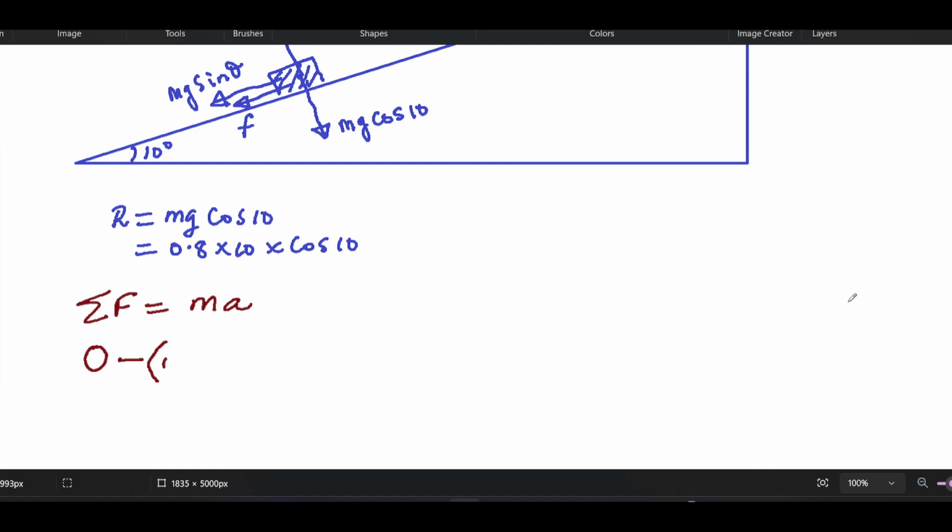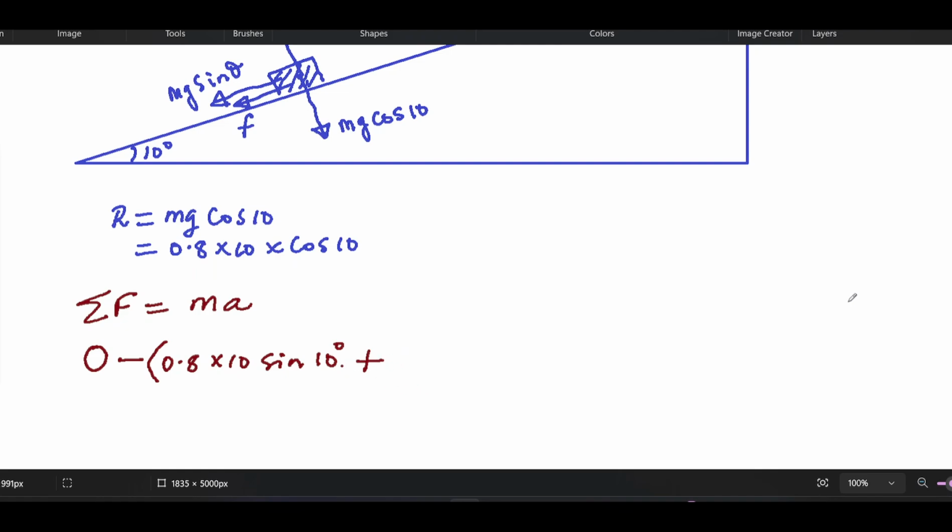So this will be 0.8 times 10 sine of 10 degrees added to, now I'm using added here because the two forces add up, but there is a minus sign here indicating that they're in the opposite direction.